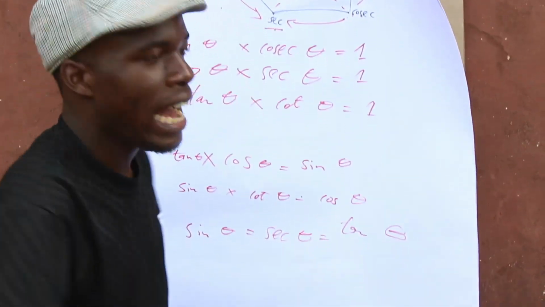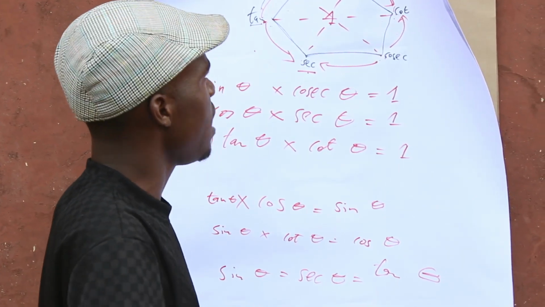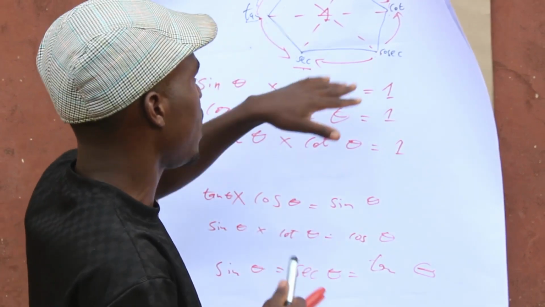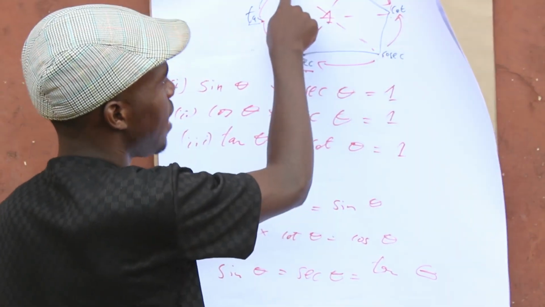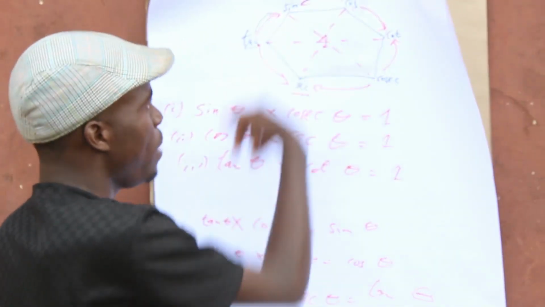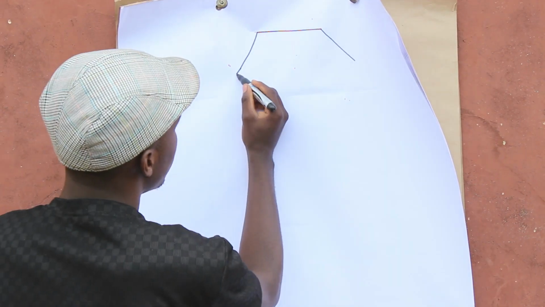So when you multiply 3 continuous functions, what's in the middle is the answer. If you do tan multiplied by cos, the answer is sine. If you do cos multiplied by cosec, the answer is cot. Remember, this is a super hexagon and you are still going.